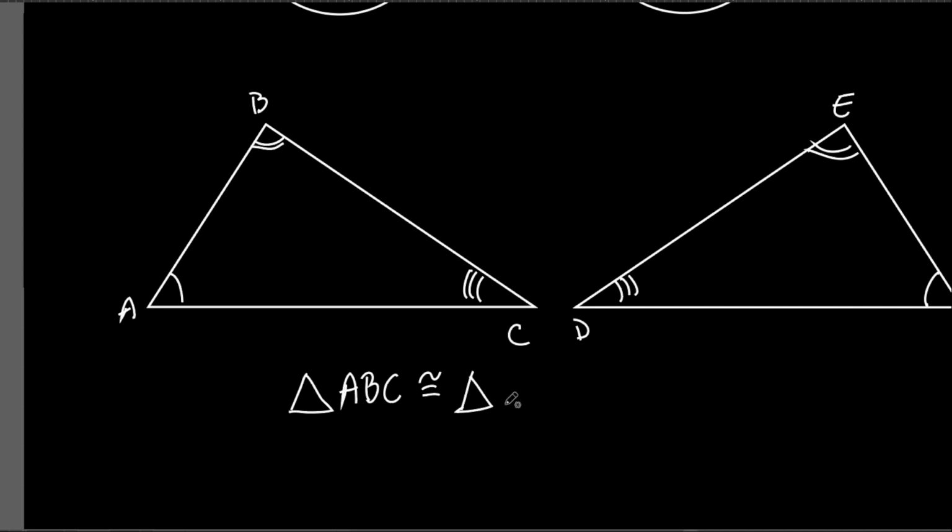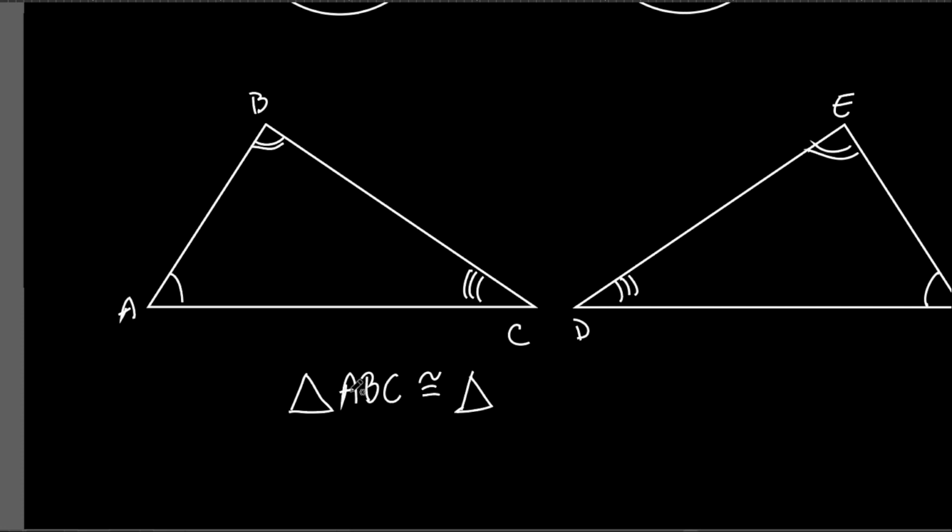Now, it really makes a difference on how we write this. I will mark problems wrong, and I did it for the honors class, okay? You're going to have problems where you're going to see something similar to this, and you have to write the congruency statement. That's what we call this thing. If you want to write that word down, you can do that. Congruency statement. So if I call this ABC, I have to call the other triangle a particular name, and it can only be one name.